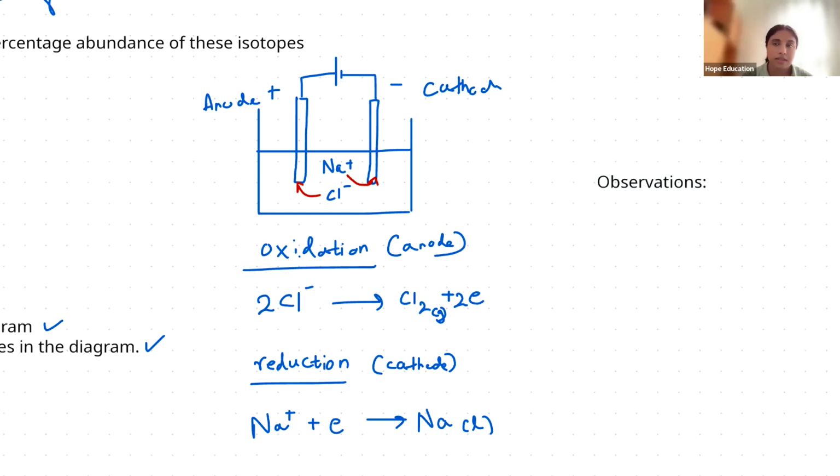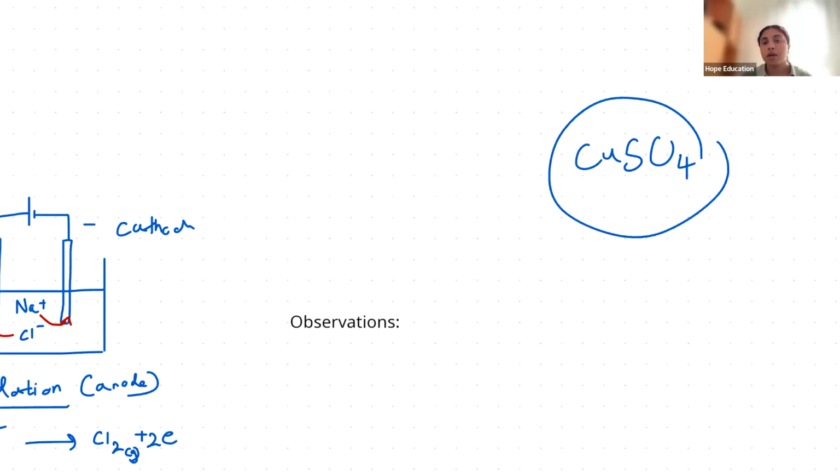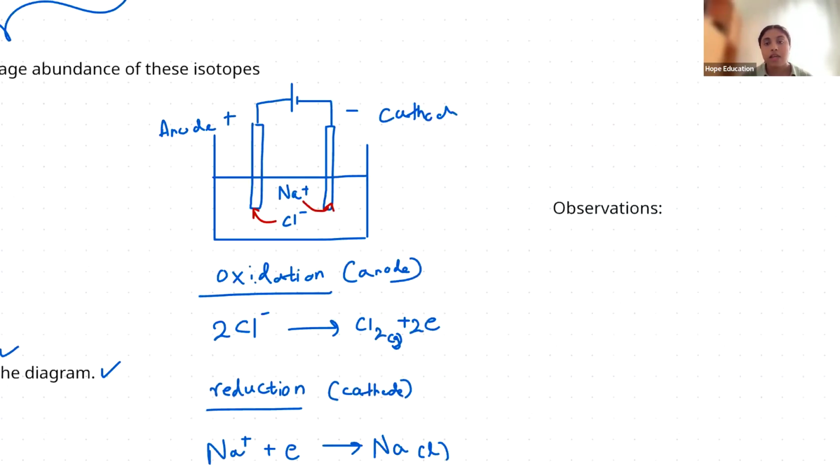Is there a blue color in this solution? Is there a blue color? Children, a blue color solution comes only if there is copper sulfate. If there is copper sulfate, yes, copper sulfate is blue color. But sodium chloride is not a blue color solution. So you cannot put blue color for everything. Only for copper sulfate. Yes, chlorine gas is produced at the anode.